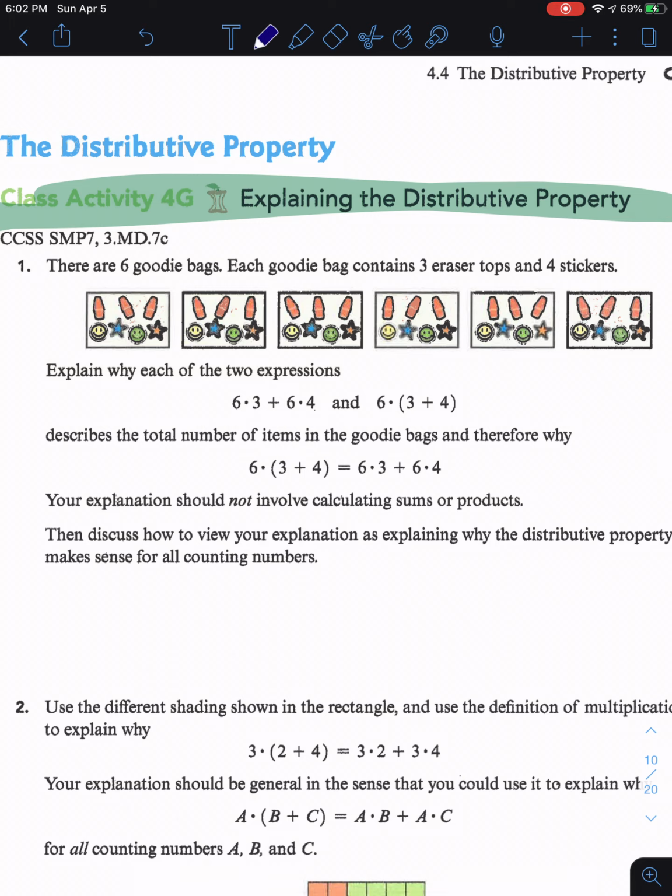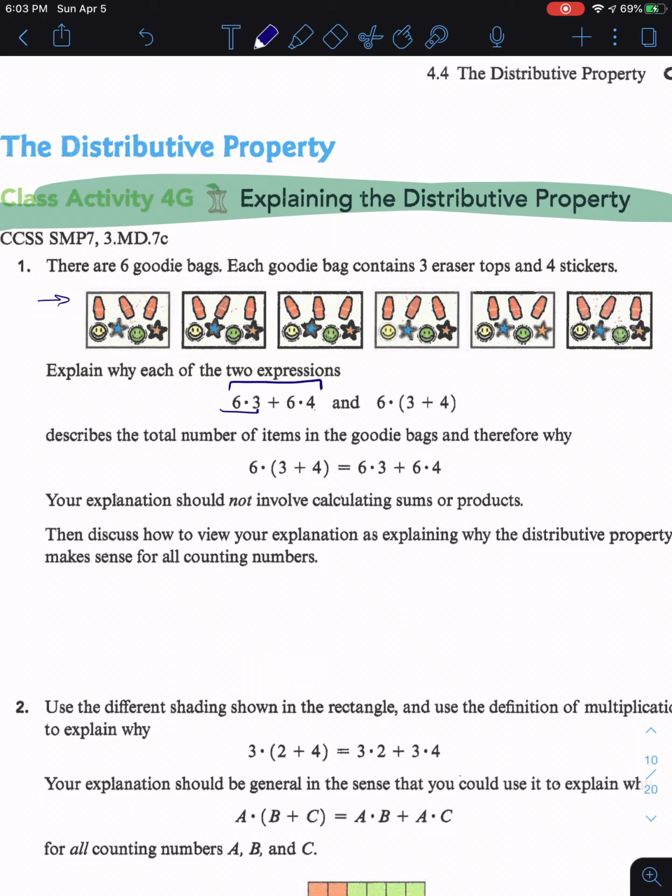And what we're looking to do is explain how we can make sense of the two expressions where we're looking at 6 groups of 3 plus 6 groups of 4. Now, if we're looking at 6 groups of 3, then don't we focus on erasers?